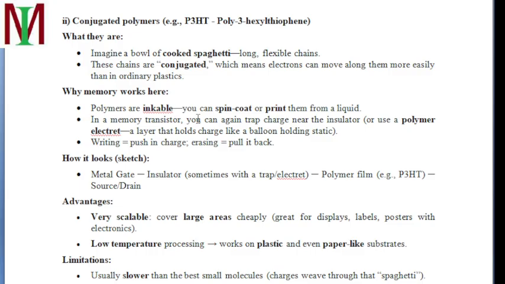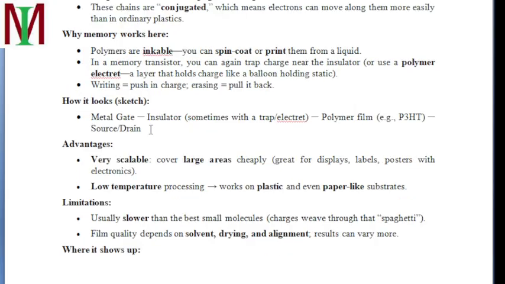So why does memory work here? The polymers are inkable. We can make them as an ink. We can spin coat them or print them from a liquid. In a memory transistor, we can again trap the charge near the insulator, or we can use a polymer electrolyte layer which holds charge like a balloon holding static.